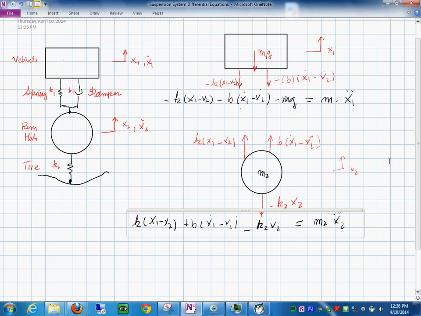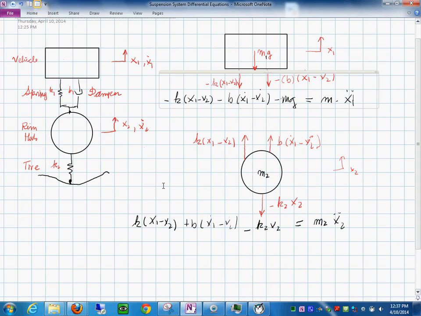One thing we could do is we could try to build this directly in Simulink from here. In other words, we have been used to first drawing it on paper and then transferring it to Simulink.